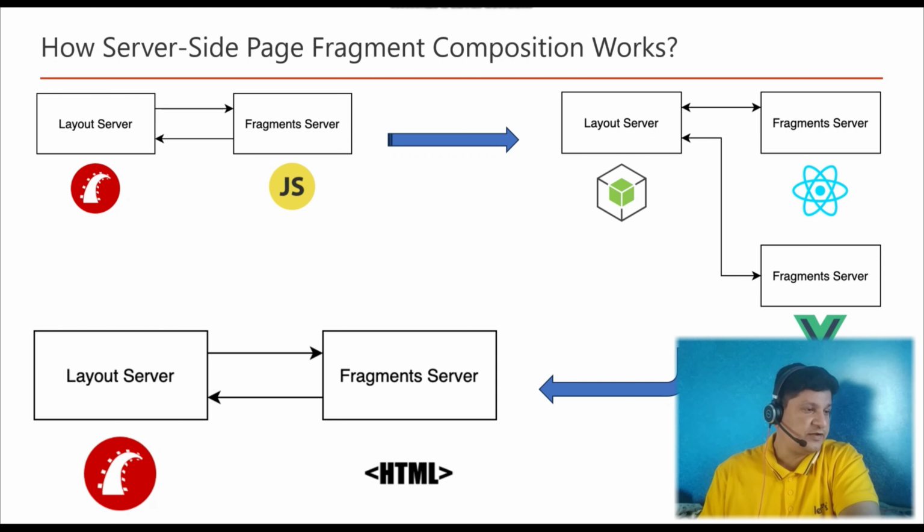But if two different technologies are involved, then the layout server will not be able to assemble it. Hence, both fragment servers should give me HTML as an HTML string, and my layout server will work purely on assembling the HTML fragments. Right, friends? So this is the logic behind the server-side UI composition design pattern.